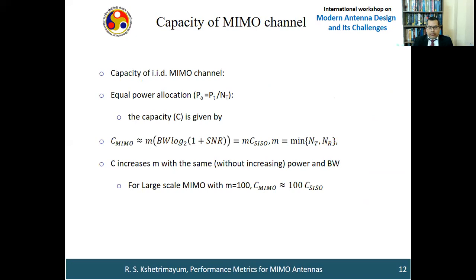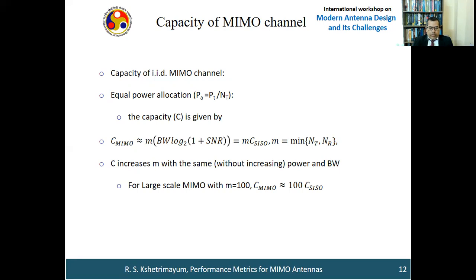This can be mathematically characterized in terms of capacity. So, capacity for an IID MIMO channel. IID means all the antenna elements at the transmitter and all the antenna elements at the receiver are independent of each other. It is quite possible if you keep all the antenna elements sufficiently far apart, orient them in a proper direction, and design it properly so that no antenna elements in the transmitter and receiver interact with the other antenna elements. Since we have multiple antennas at the transmitter in MIMO, we need to do power allocation over antennas.